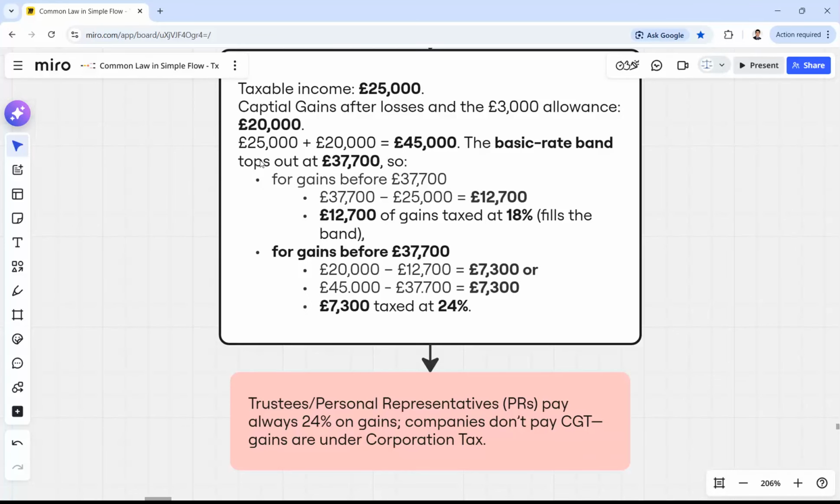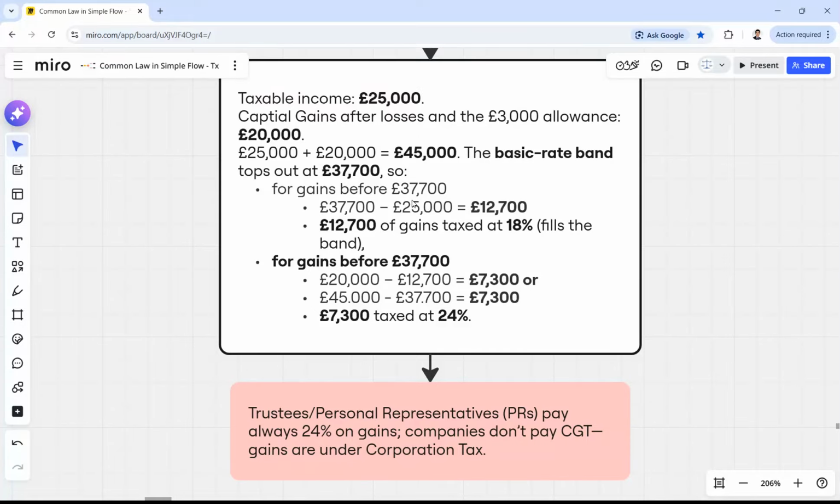So the basic rate band is Nikola Tesla and Beethoven. We have 37,700. So now we need to understand what sits before that. For gains before this sum, we subtract: from 37,700 take out 25,000, and we will have 12,700, and 12,700 will be taxed at 18%.